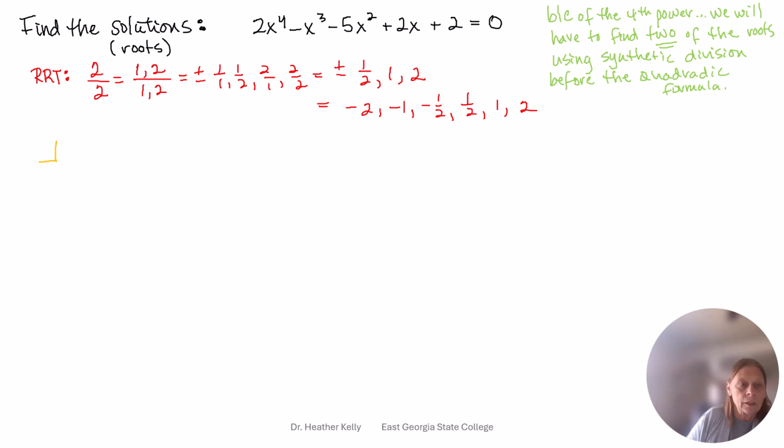Now we're going to set up our synthetic division here. Remember, I told you we're going to have to do it twice. So here comes our first one, 2, -1, -5, 2, and 2. And here, let's try 1.